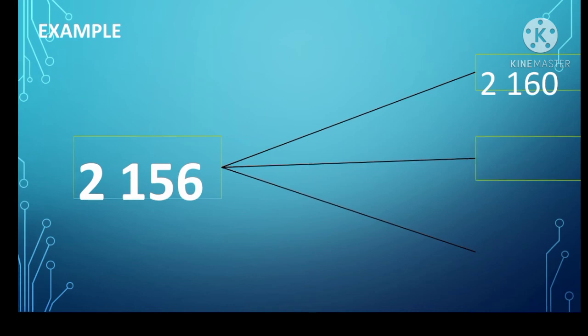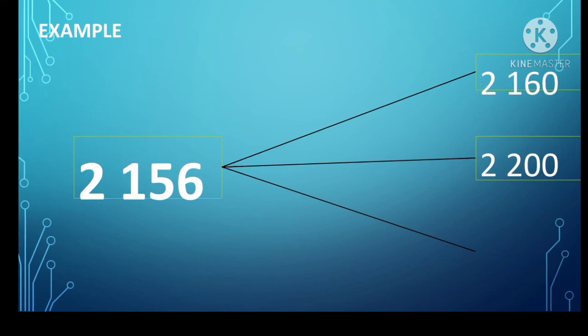Second, if we round off this number to the nearest hundreds, it will be 2,200. Since the place value of the nearest hundreds is 1, and the number right beside 1 is 5, it means we are going to round up.